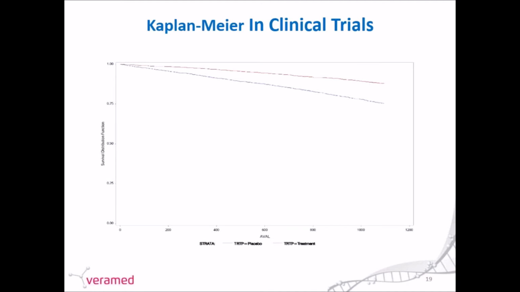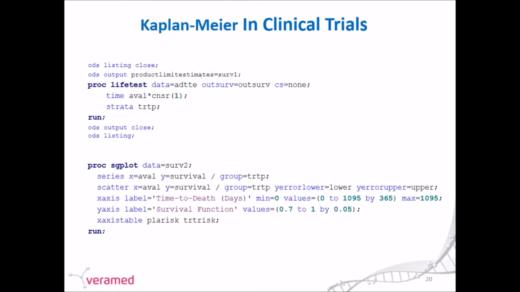So instead, I'm going to use proc sgplot combined with the output life tables. So at the top here, in this specific bit of code, I've used the ODS output ProductLimitEstimates. And this will just produce a life table that matches the graph that would be produced.